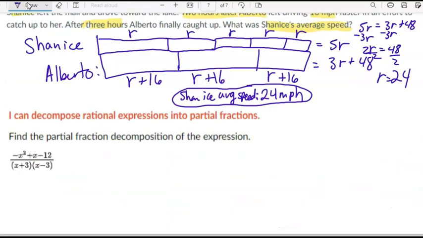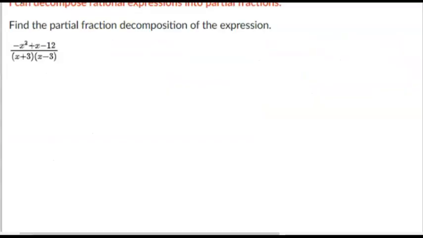Let's look at the last one. Find the partial fraction decomposition of the expression. We have negative x squared plus x minus 12 all over x plus 3 times x minus 3.